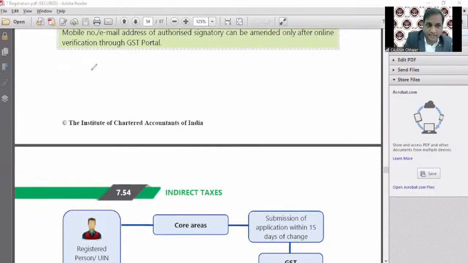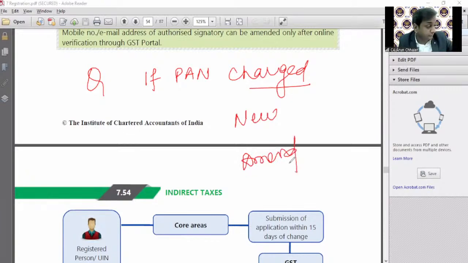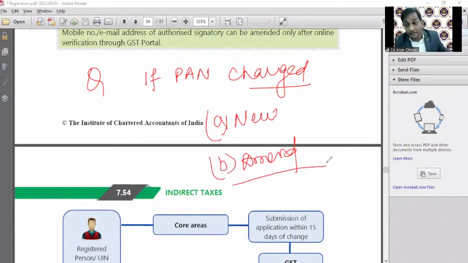Repeating the question again. If the PAN number is changed, do I need to take a new registration or can I make an amendment in the existing one? Option A, do I need to take a new registration, or do I make an application for amendment? Give me the answer. Waiting for your reply.